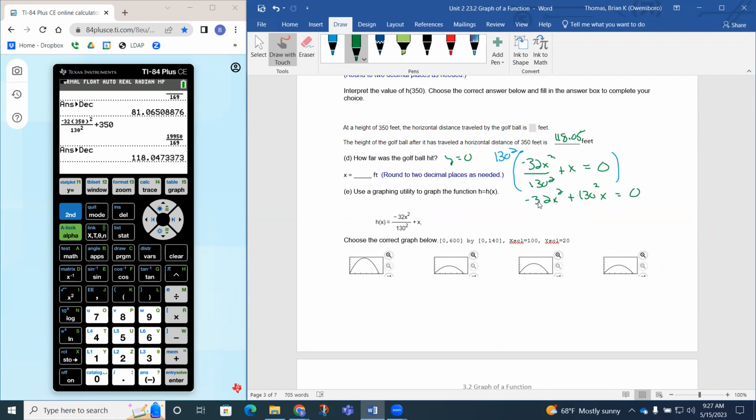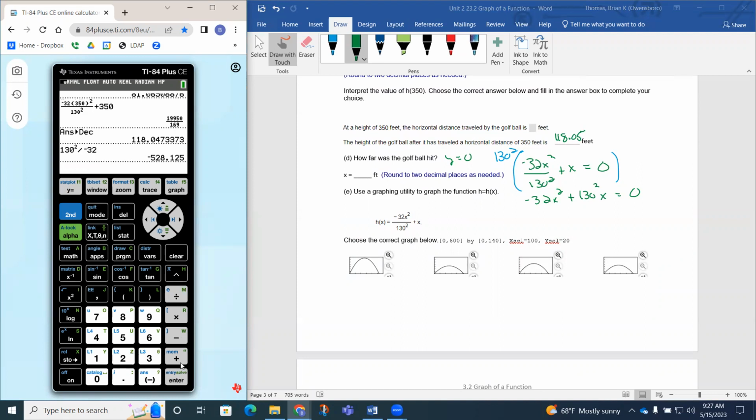The next thing is, I wonder if I can divide everything by negative 32. Negative 32 divided by negative 32 is going to be x squared. My question is, what's 130 squared divided by negative 32? It's actually going to be a decimal, and since the problem says decimal, we can keep it in that form.